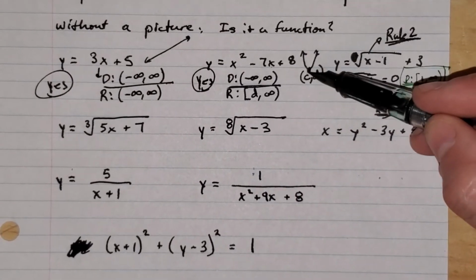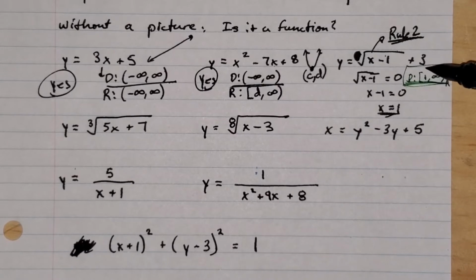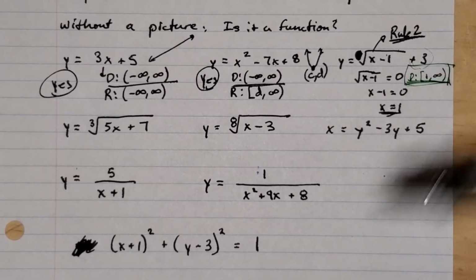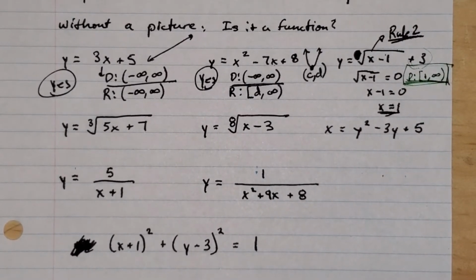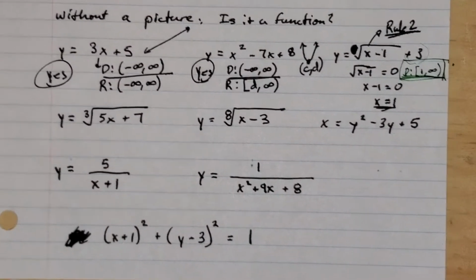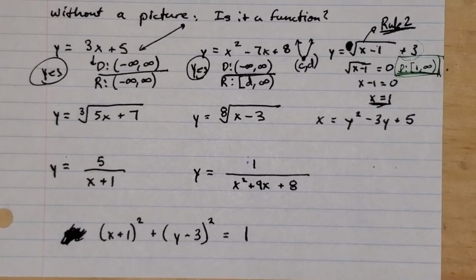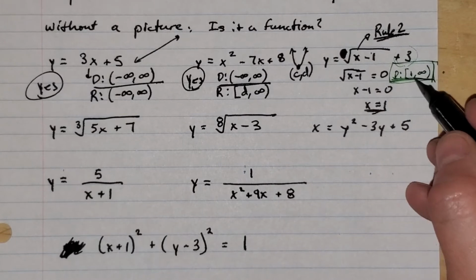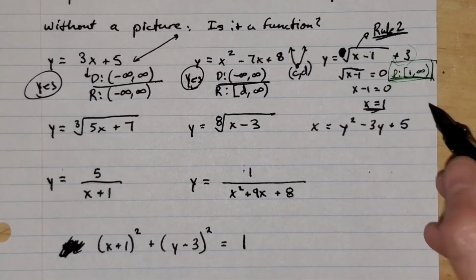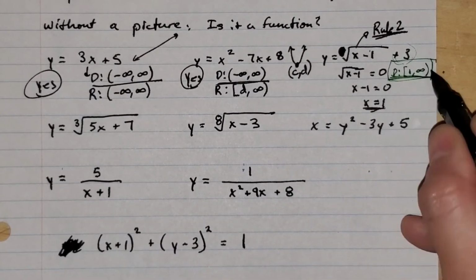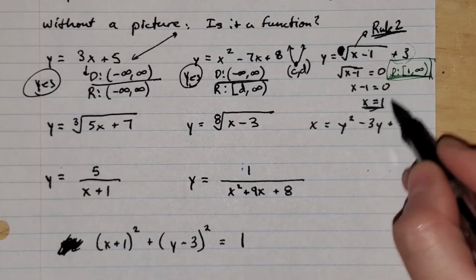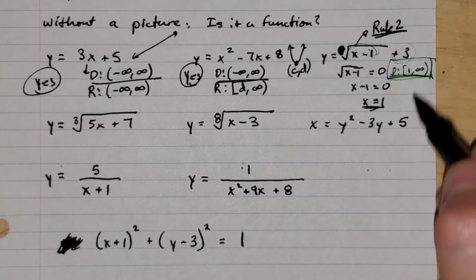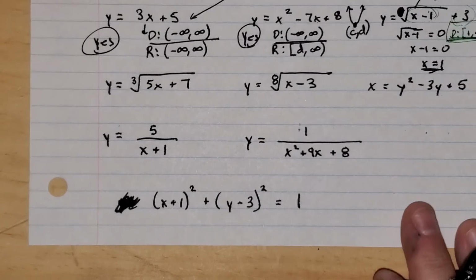You have to find some magic point. This plus 3 tells us this has been shifted up, and that's a whole different discussion on transformations and reflections. But for domain specifically, you can find it without the picture. Domain is going to be from 1 to infinity. Why? Because any number bigger than 1 will give me a positive number under here, and that's what we have to have.